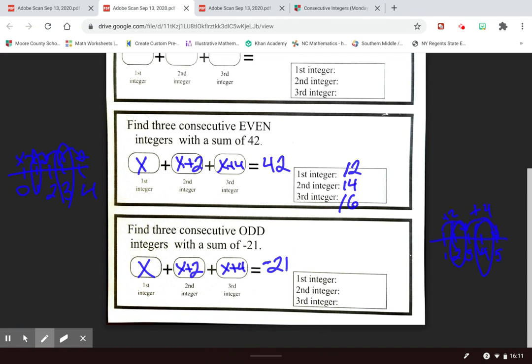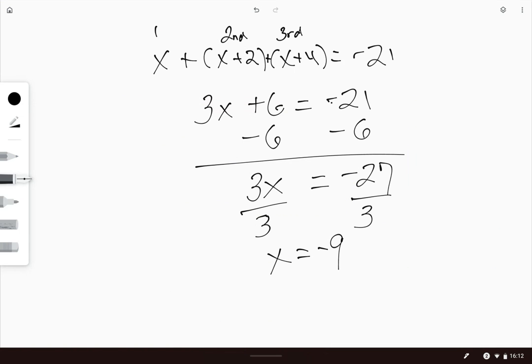So that means my first integer is negative 9. So negative 9 plus 2 equals a negative 7.